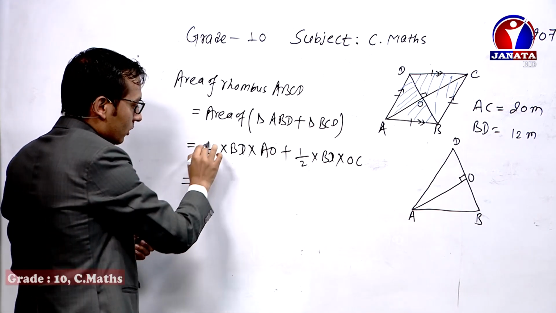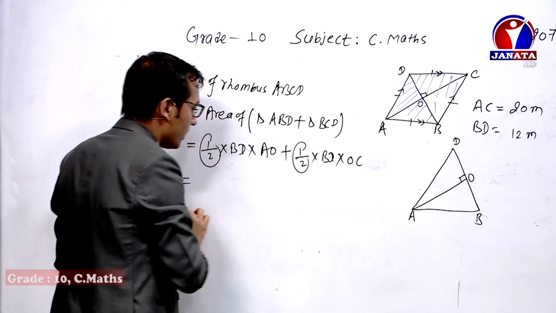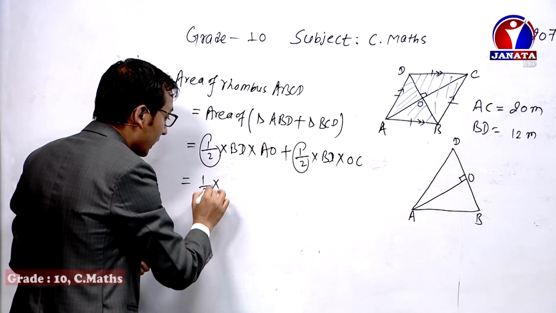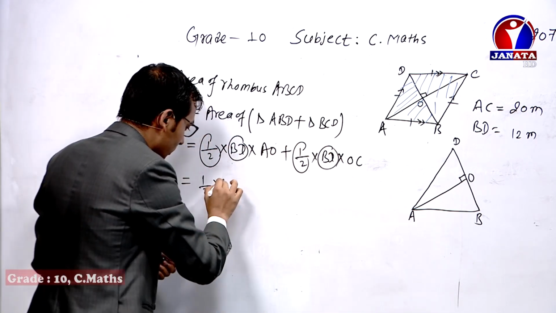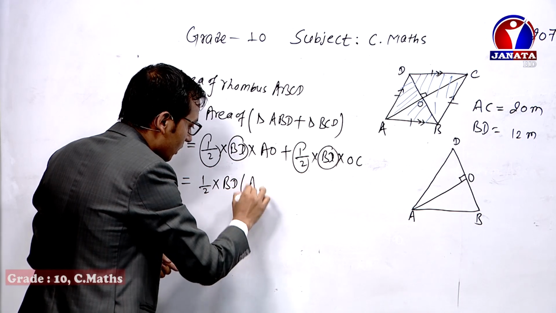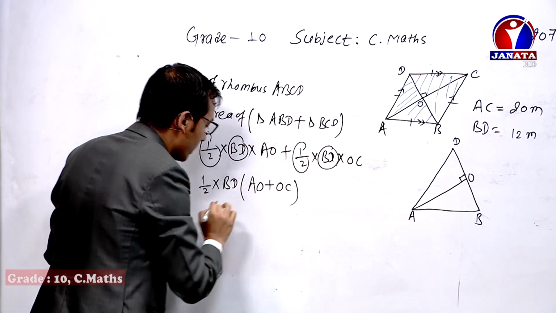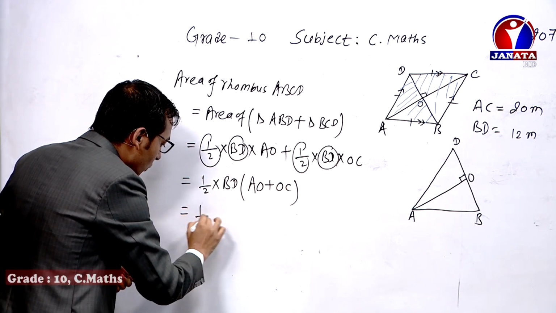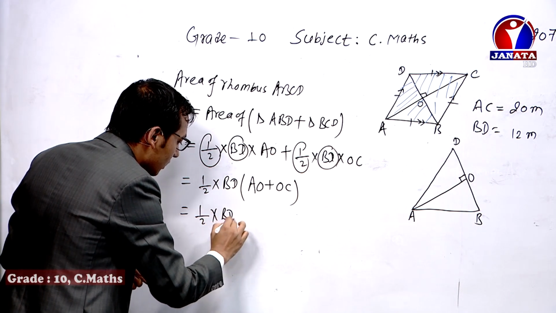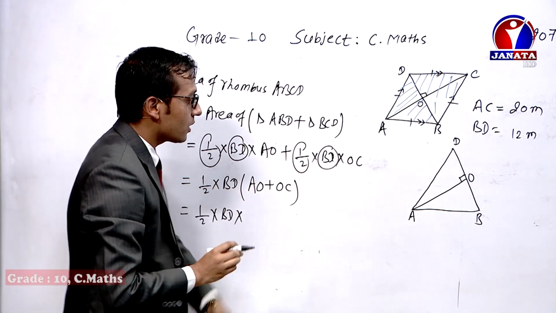We can take 1/2 common, and BD is also common, times AO plus OC. So this is 1/2 of BD times AO plus OC.